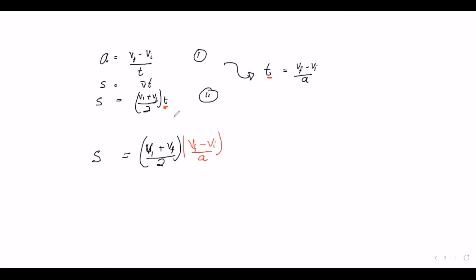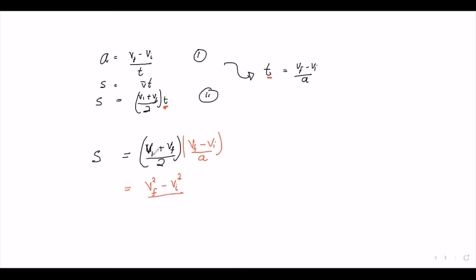Now, I hope you appreciate that on top here, I have a difference of 2 squares, which will give me the final squared minus the initial squared. This difference of 2 squares mathematically there.